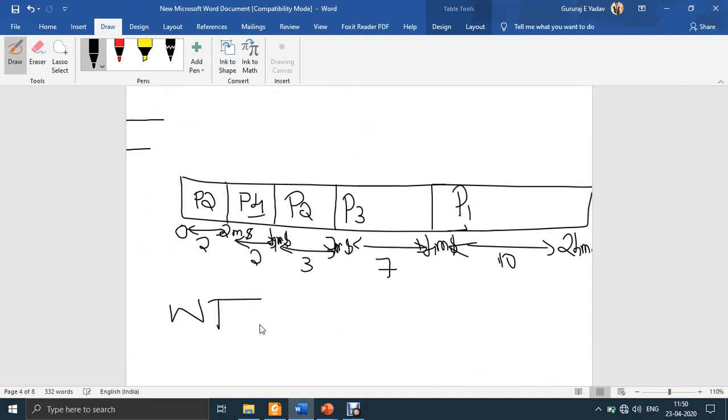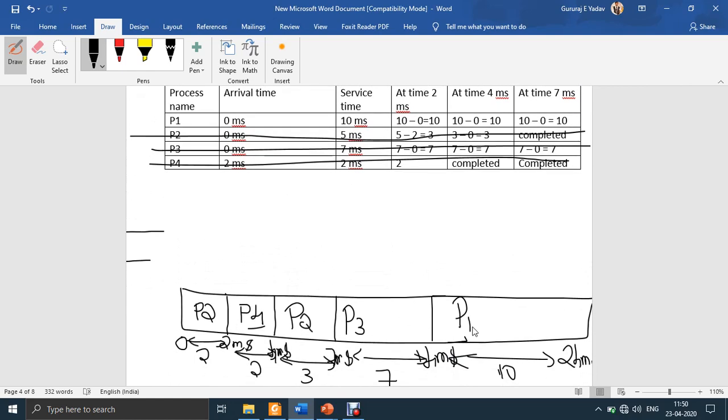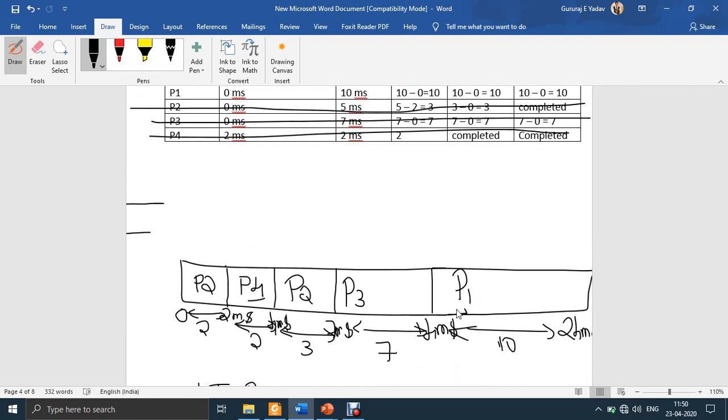So WT. First I'll consider it for P1. How long has it waited in the ready queue to get its chance to execute in the CPU? It got the chance at the last, at 14 milliseconds.